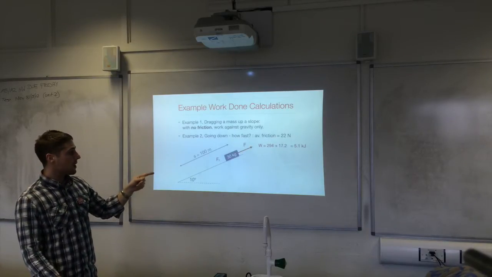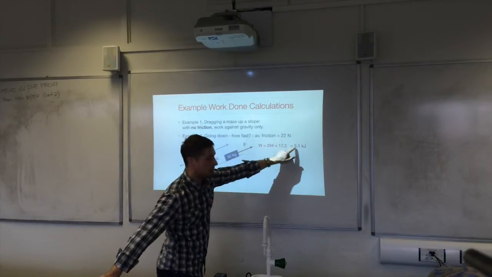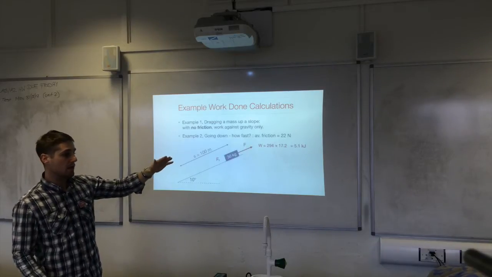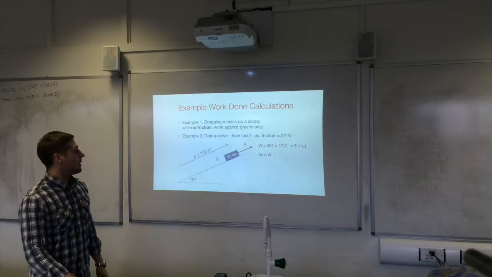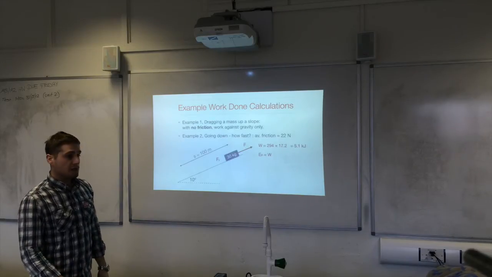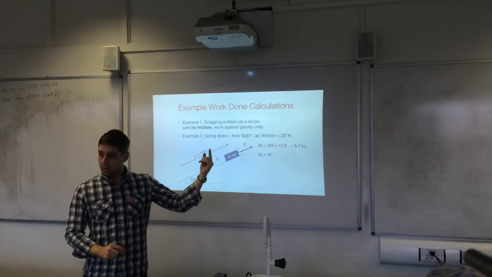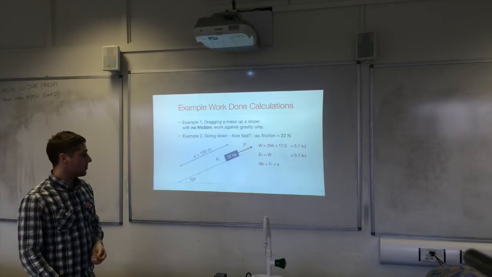The work done lifting it up the slope, I've left up here so we know what work we did against gravity dragging it up there. It's 5.1 kilojoules. The gravitational potential energy is equal to the work we did lifting up the slope, right? So that's 5.1 kilojoules.